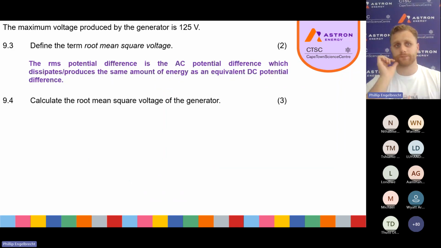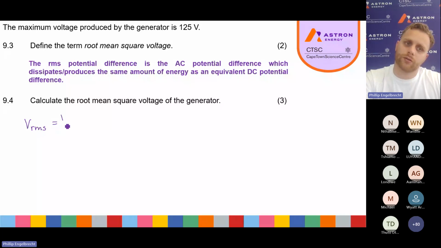Anyways, guys, it says that the maximum voltage produced is 125 volts. Define this term, the root mean square of voltage. There is your definition. Now it says calculate the root mean square voltage, the VRMS, of the generator. So we know that VRMS is equal to your maximum divided by the square root of 2.